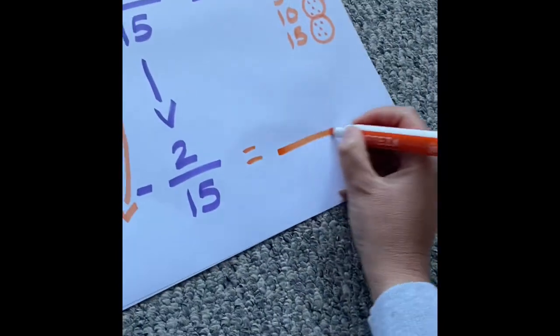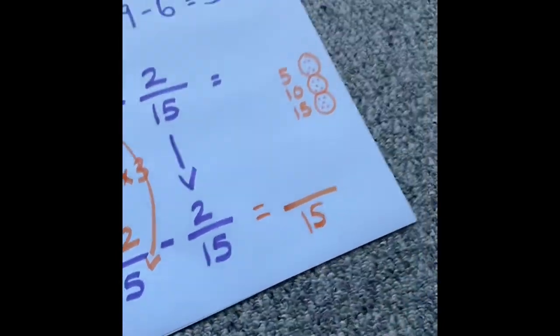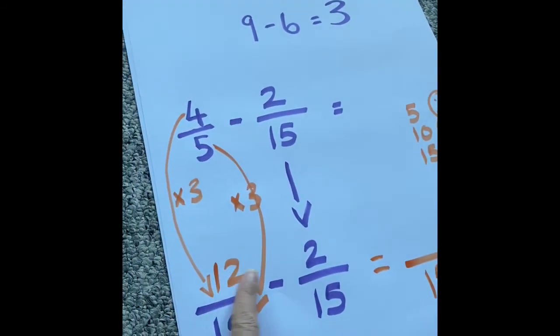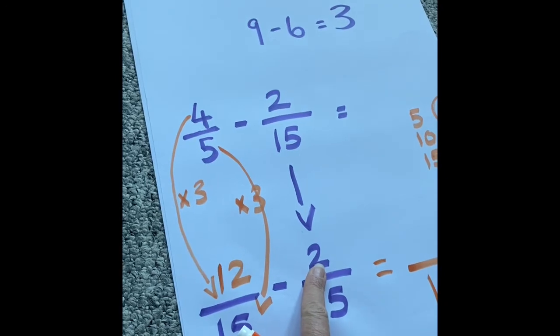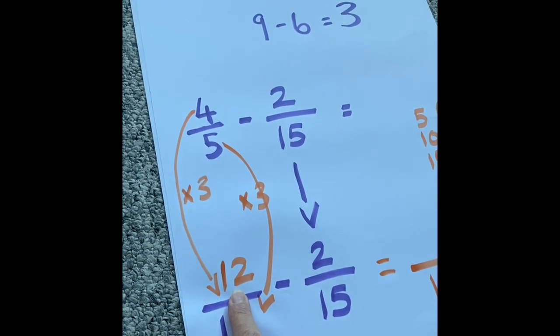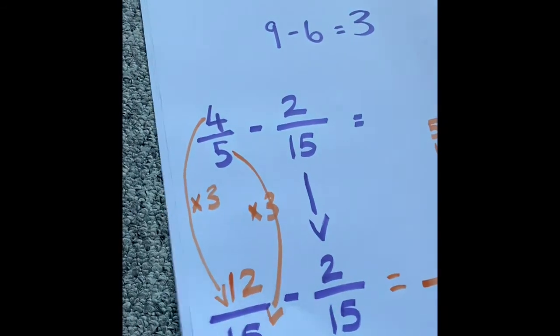Again, I'm keeping my denominator the same. Our wholes have been divided into 15 equal parts. 12 parts have been shaded here, 2 parts have been shaded here. I want to take away or find the difference between 12 and 2. You can do this on a number line.